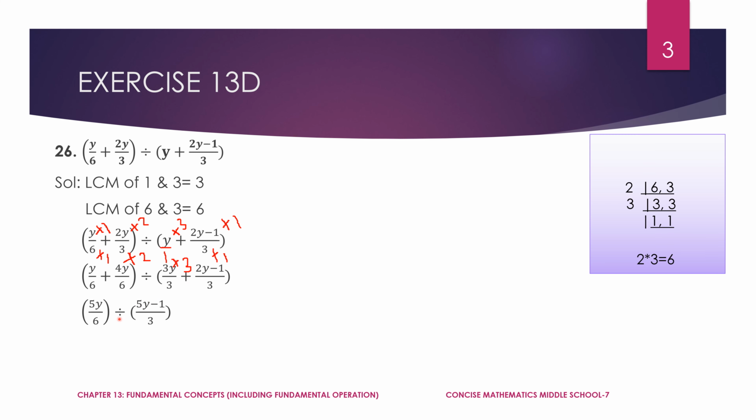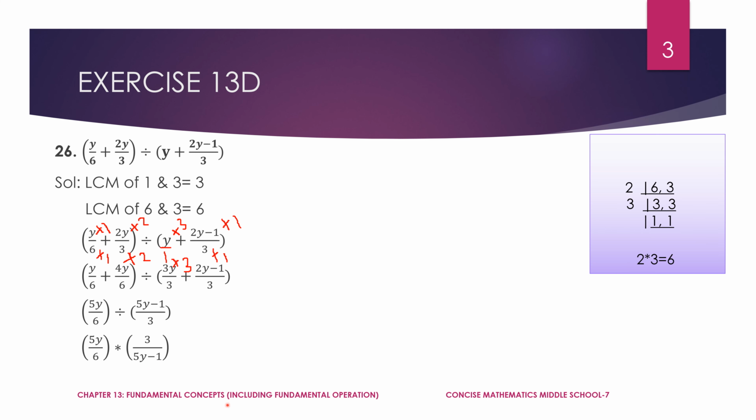You have to follow two things while dividing a fraction. This is a fraction. This is a fraction. We are going to divide two fractions. This division becomes multiplication and the second fraction becomes reciprocal. It will change its places. 3 is in denominator, it came back to numerator. 5y minus 1 is in numerator, it came to denominator. Right?